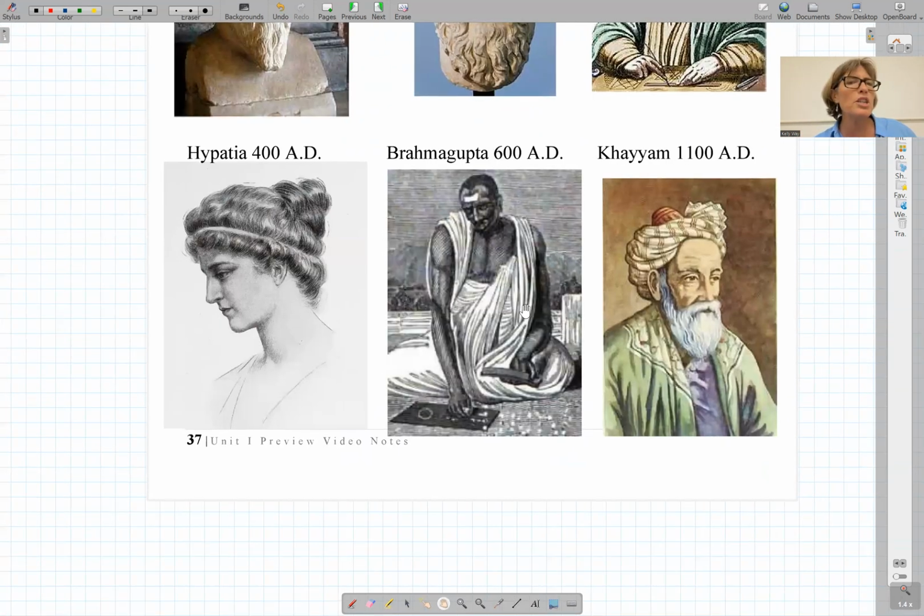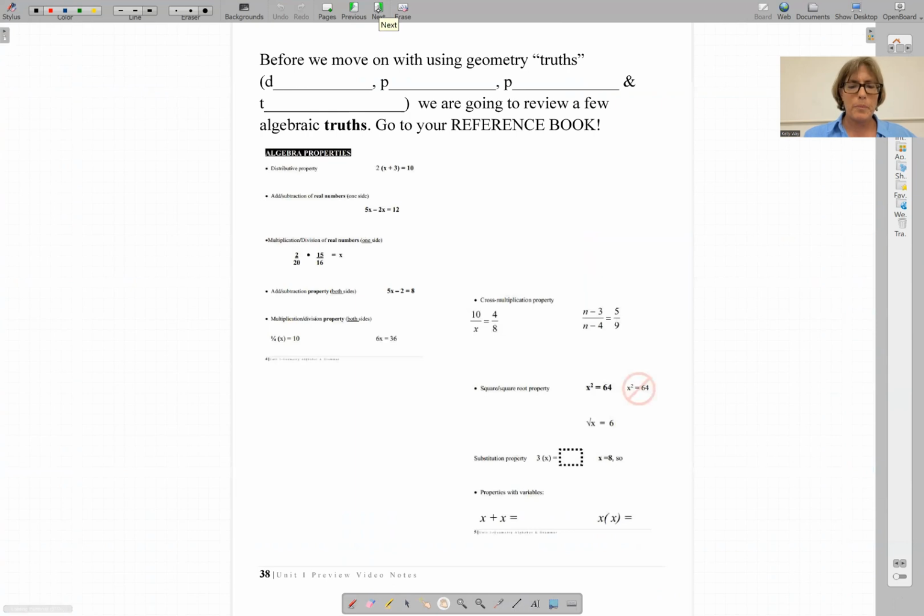All of these are mathematicians from all over the world who had an experimental process that related to geometry specifically, and they discovered the variety of truths that we use in geometry.